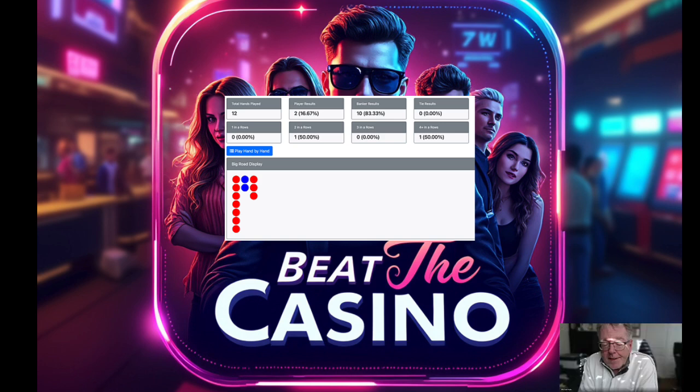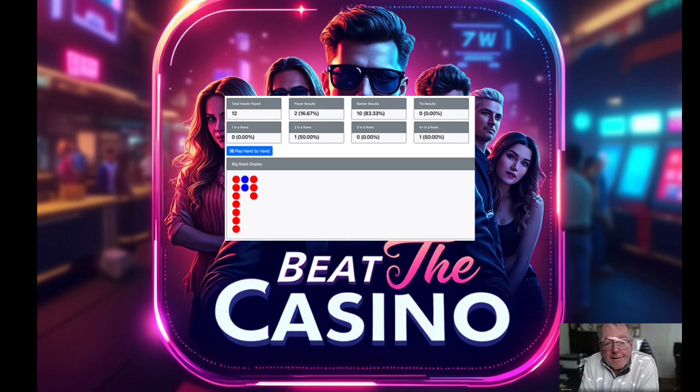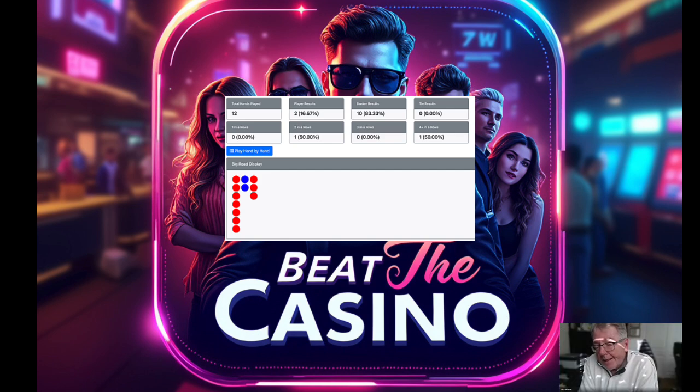That's like a wash. I bet repeat on the player again, and I lost, because it switched to the bank. So I bet repeat on the bank and won. I bet repeat on the bank again. You can add that up, and I think it adds up to about +5.